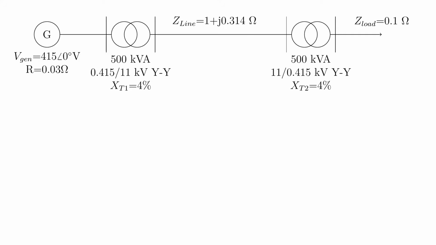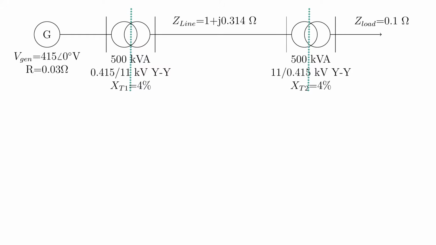Our task now is to use per unit analysis to obtain the current in this system. The procedure is much the same as with single phase per unit analysis. First, we draw a line through the center of each transformer, and this will split our system into 3 zones. Then we specify our base apparent power.